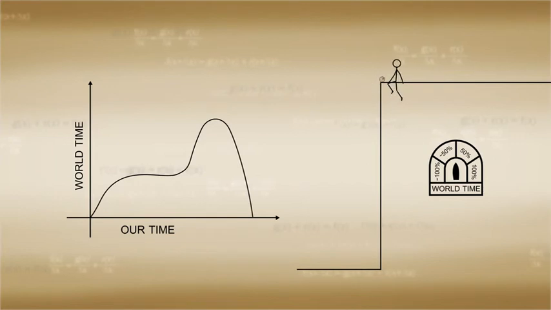Since the derivative of our time change function tells us how quickly time is changing in the world at a particular point in our time, we can simply multiply that value with the change in the position of the object at the corresponding point in world time in order to find out the change in position at a particular point in our time.